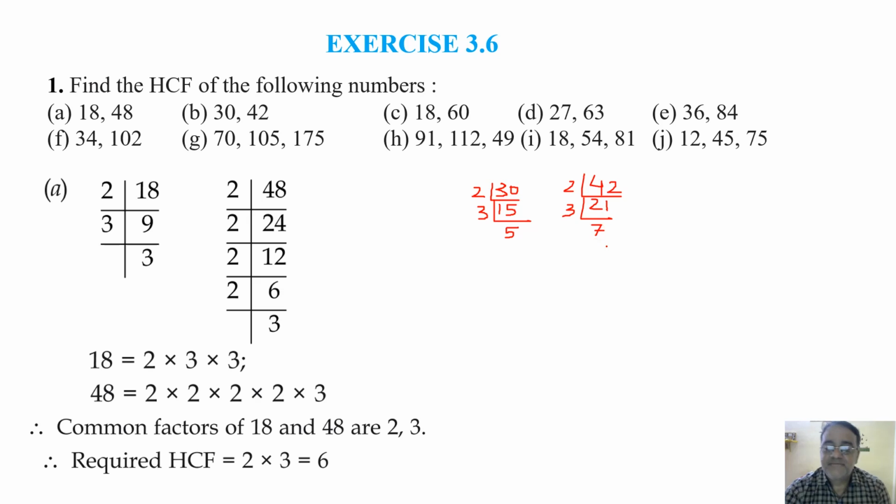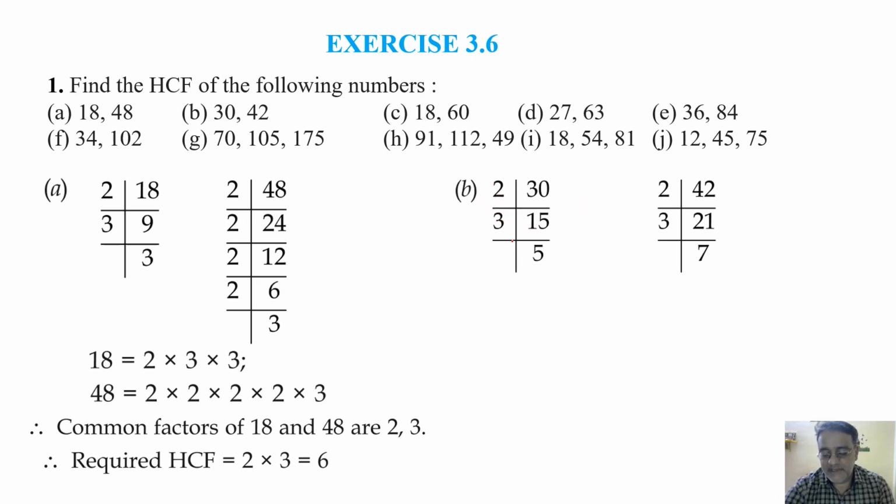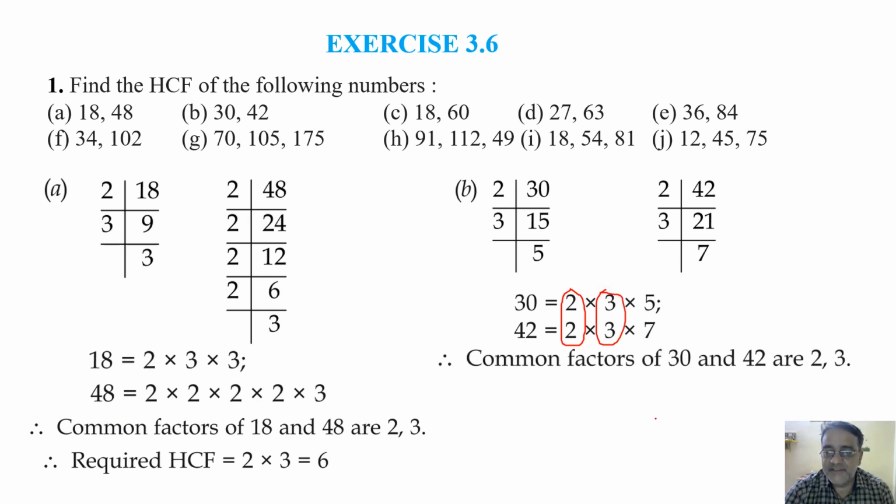Stop. So the prime factorization of 30 is 2 into 3 into 5, and of 42 is 2 into 3 into 7. Now we have to find the common factors: 2 and 3. So the required HCF is 2 into 3, that is 6, right?